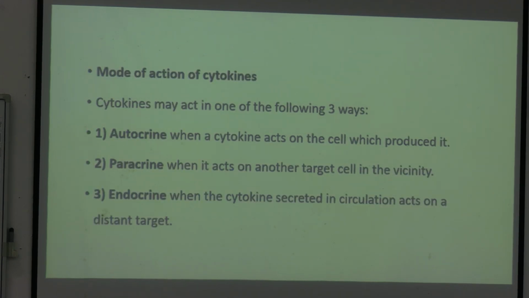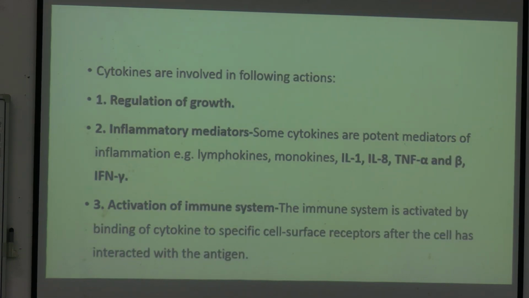Mode of action of cytokines. There are 3 modes of action: autocrine, paracrine, endocrine. Cytokines are involved in the following actions: regulation of growth, and inflammatory mediators, as some cytokines are potent mediators of inflammation and cause inflammation: IL-1, IL-8, TNF-alpha, beta, interferon gamma.